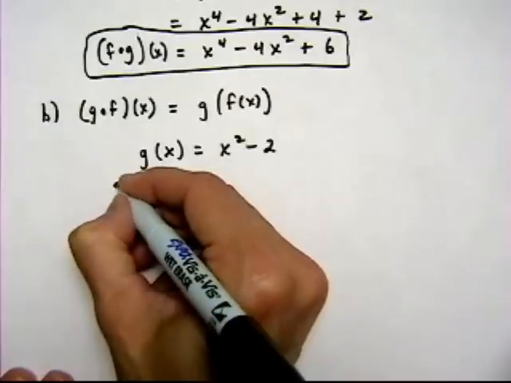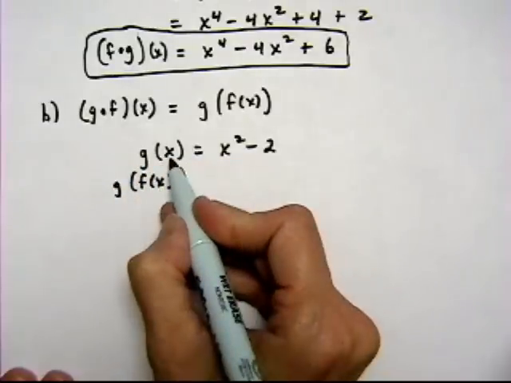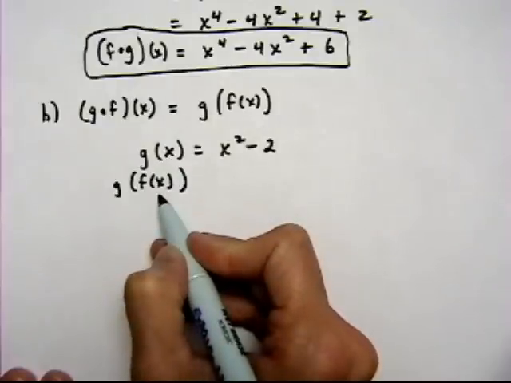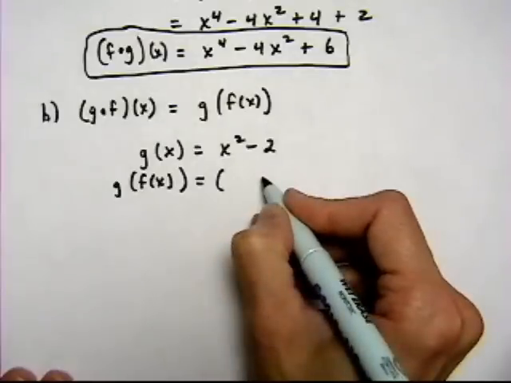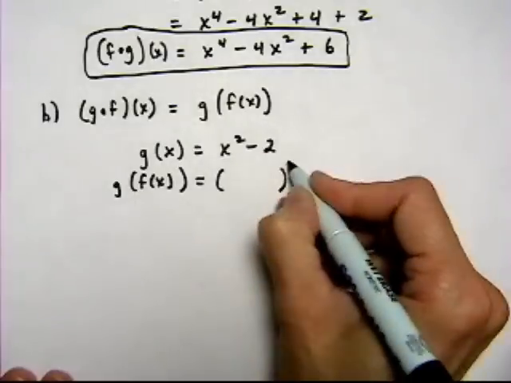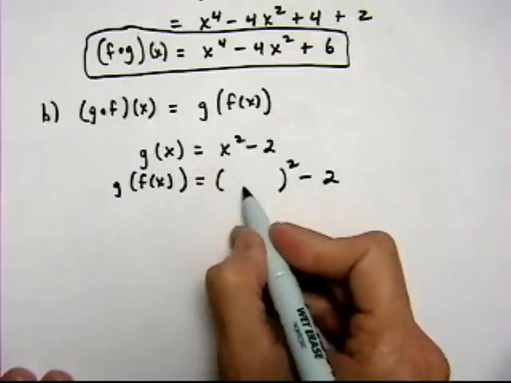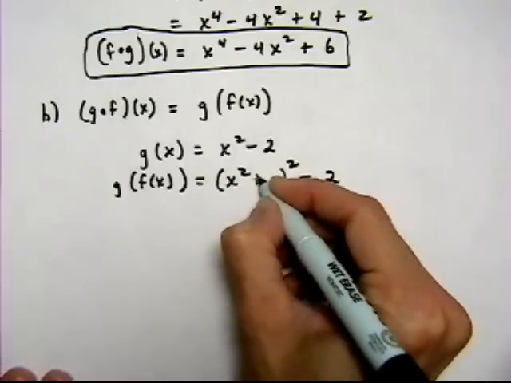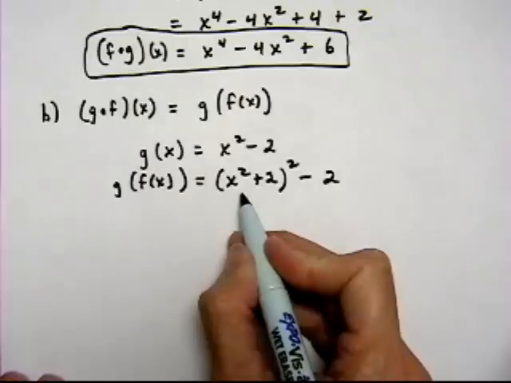So if I now want g of f of x, that means I want to replace the input x up here with the function f of x. So I'm going to replace this x and keep it squared like it is up here. Bring down the minus 2. I'm going to replace this x by f of x. f of x is x squared plus 2. So now f has been used as the input for g of x.